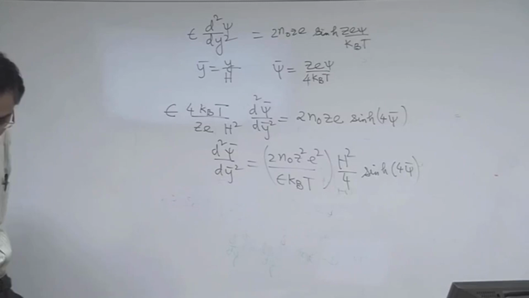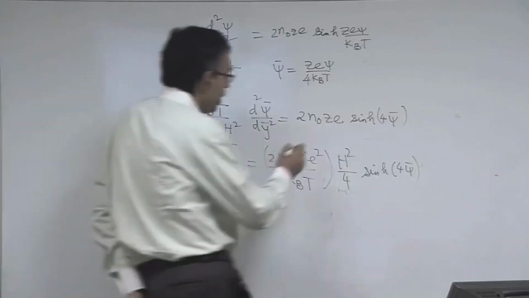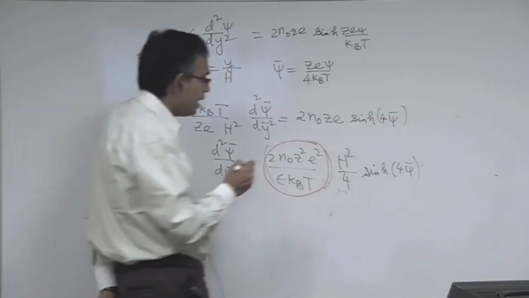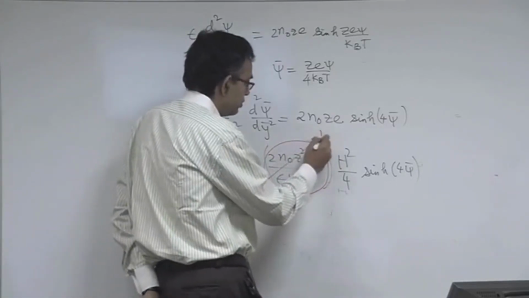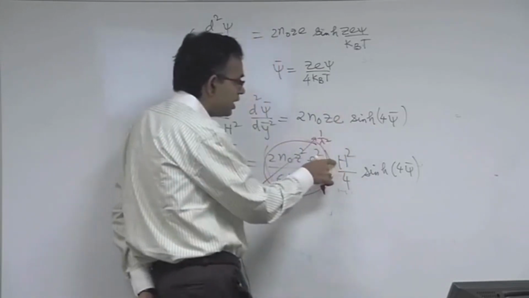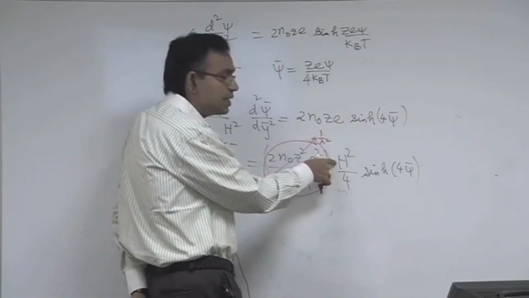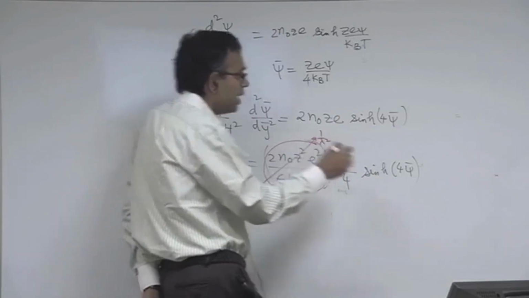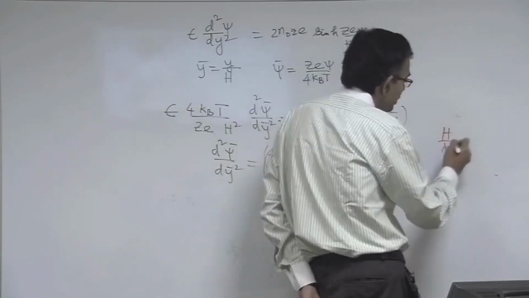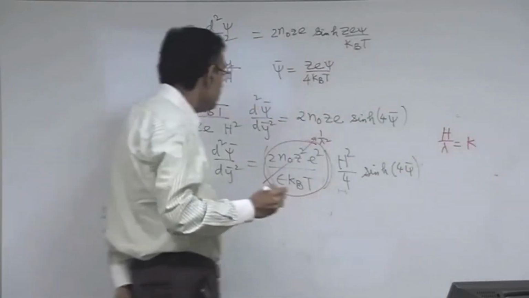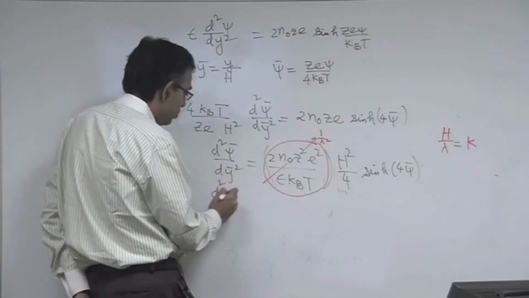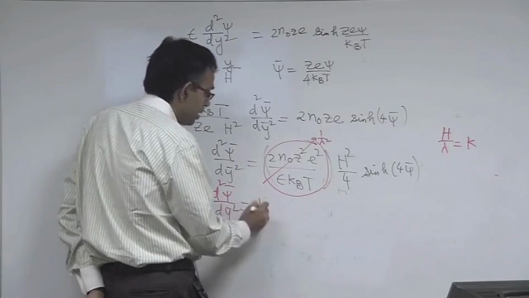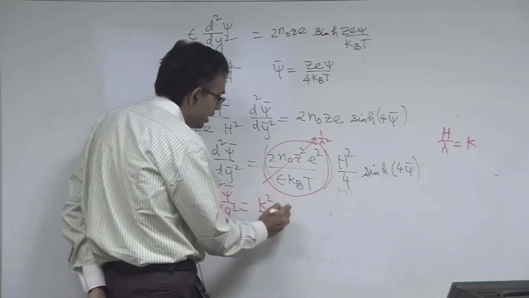Now, what is this? 1 by lambda square. So you have an expression where automatically the physics governing the problem, h by lambda, comes into the picture. So h by lambda we call k. So d2 psi dy2 is equal to k square by 4 sinh 4 psi.